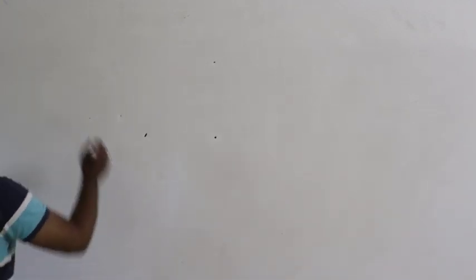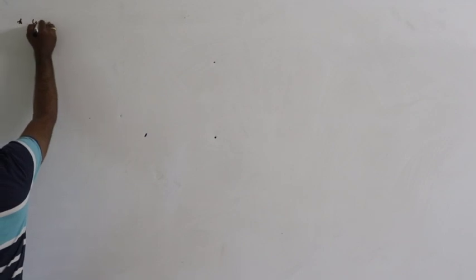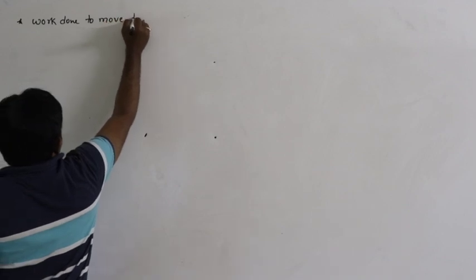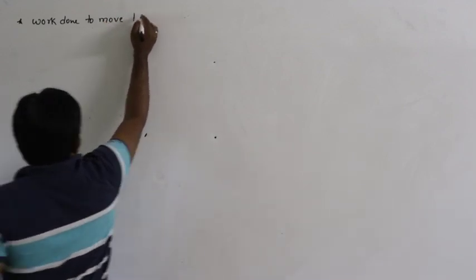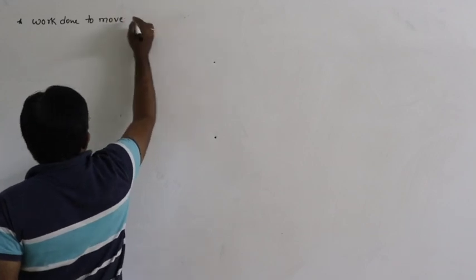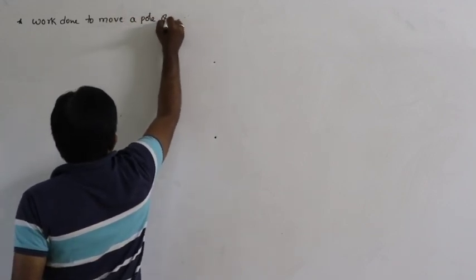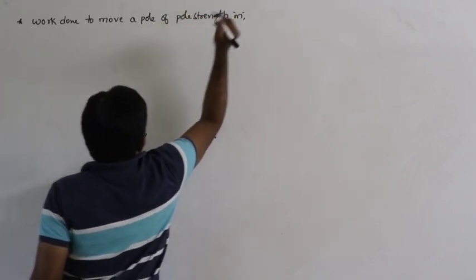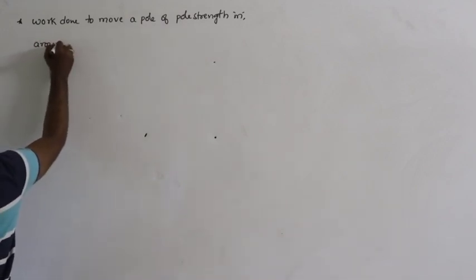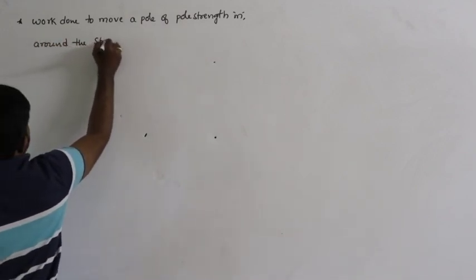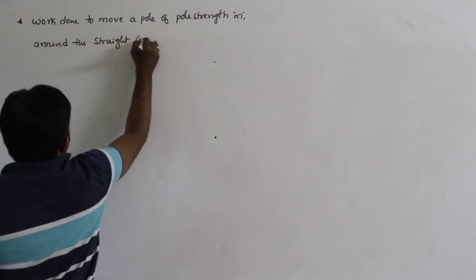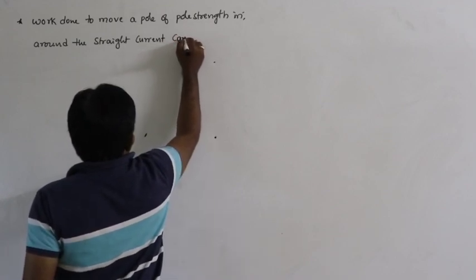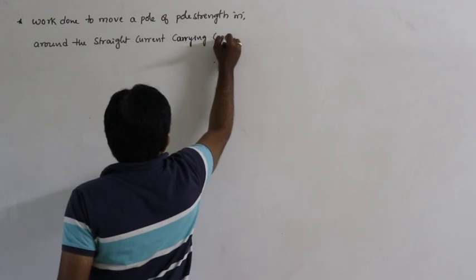So next, we have to calculate the work done to move a pole of pole strength M around the straight current carrying conductor.